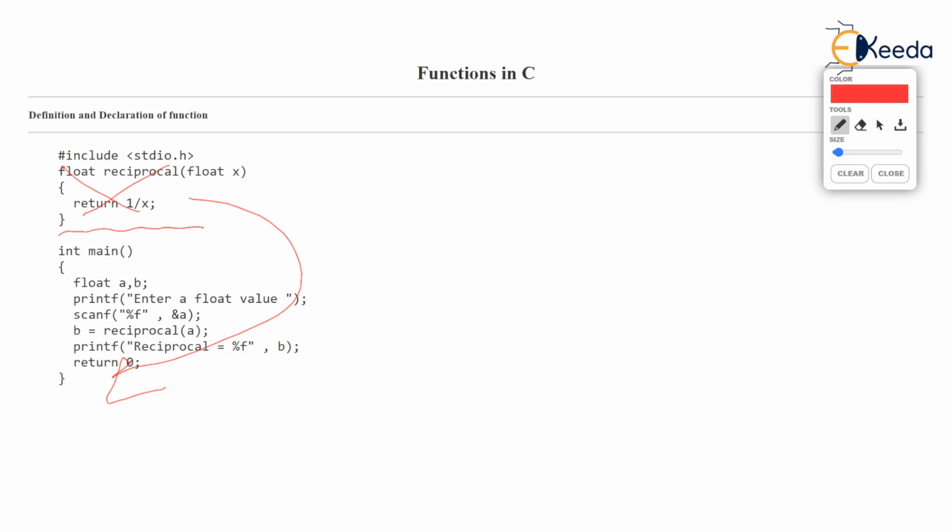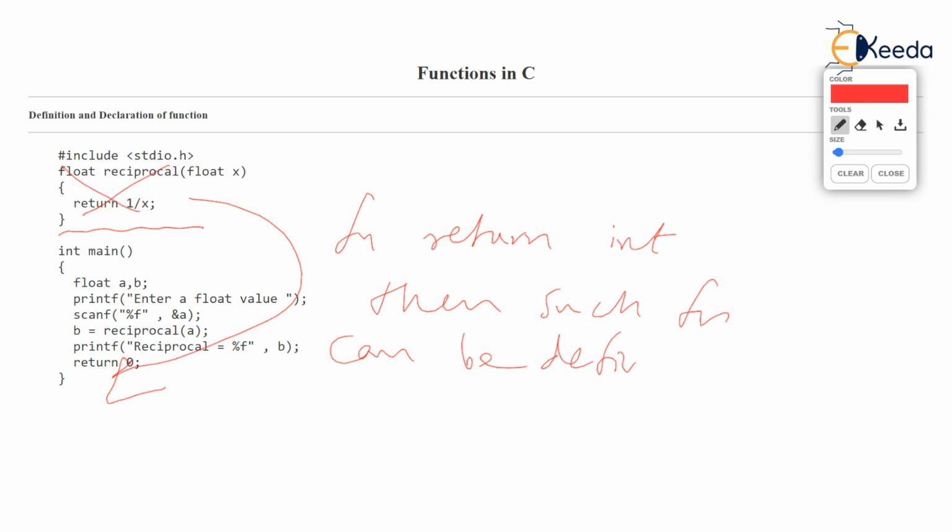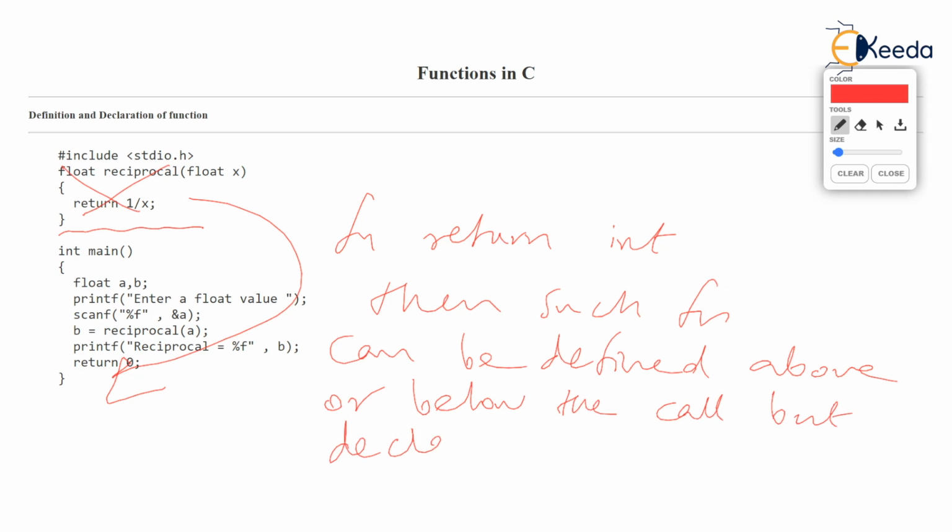Secondly, if the function returns int, then such a function can be defined above or below the call, but declaration is not necessary.